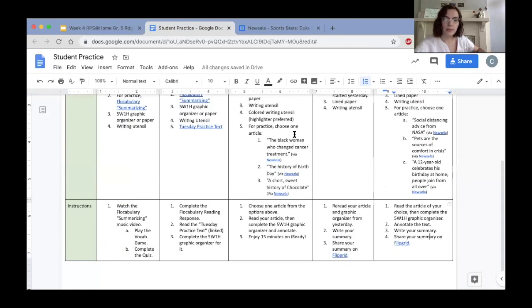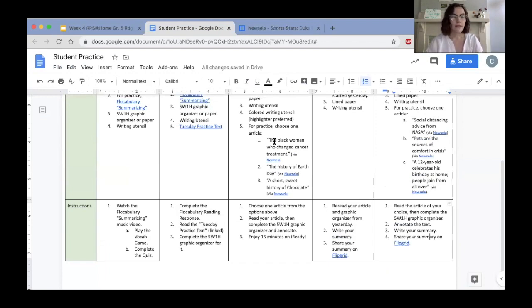They're all going to be sequential text, so you'll want to focus a lot on the when, on the dates. The options are about the person who came up with what is still considered today to be the most effective treatment for cancer. You can read an article about the history of Earth Day, which happened on April 22nd, so last week. Or you can read about the history of chocolate around the world.